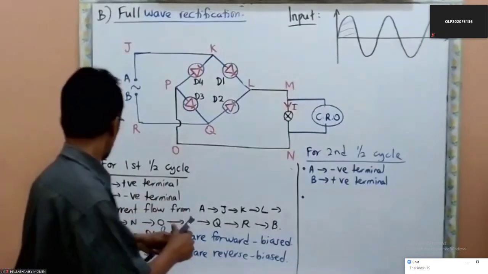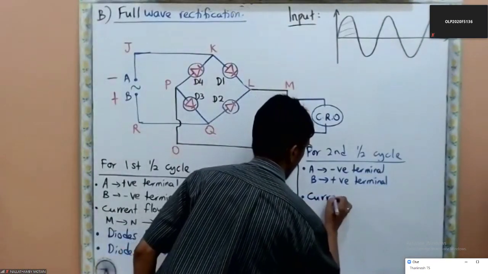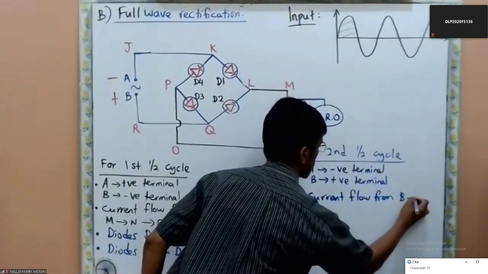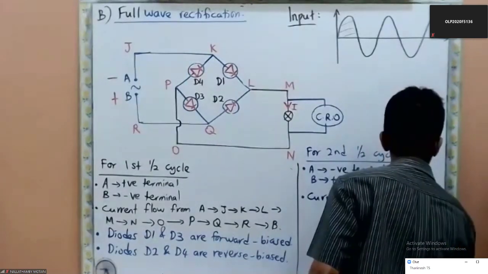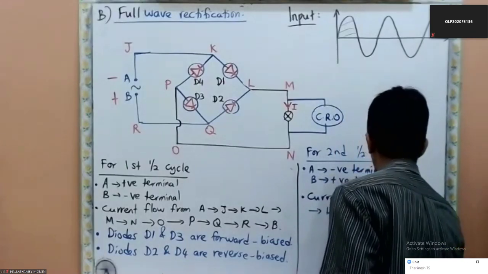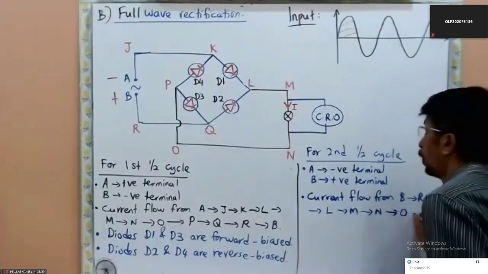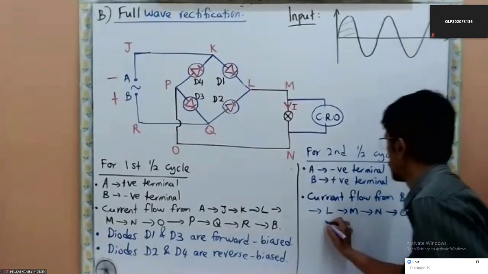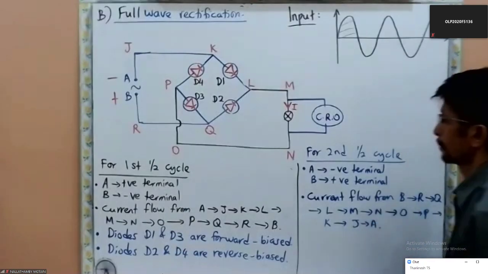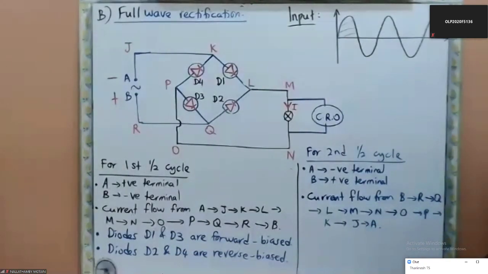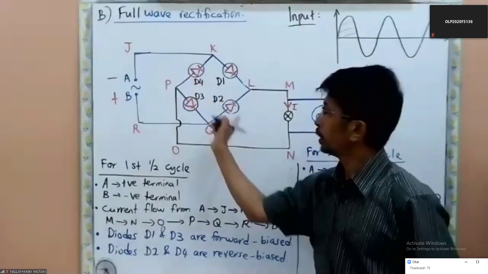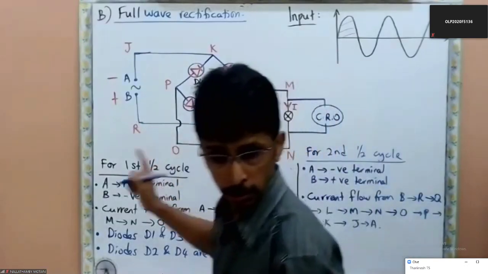Okay, so the current flows from B to R to Q to L to M to N to O to P to K to J to A. At this moment, what happened? Current flows through diodes D2 and D4. I will repeat, don't worry.